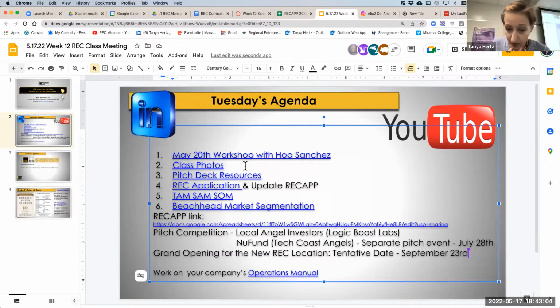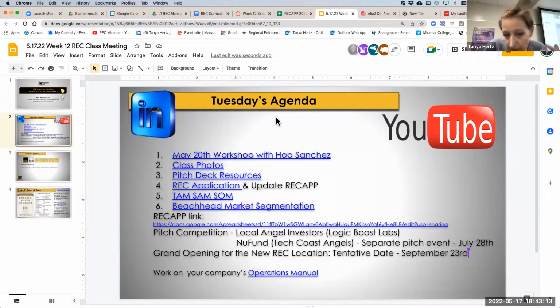I will be available tomorrow during lab hours to help those of you who need help completing those financials. If you haven't even started on them, you might need longer than that, because it takes a lot of research. Effective pitches are supported with credible evidence that you can point to, so you can say, yes, this is true, and this is why it's true.